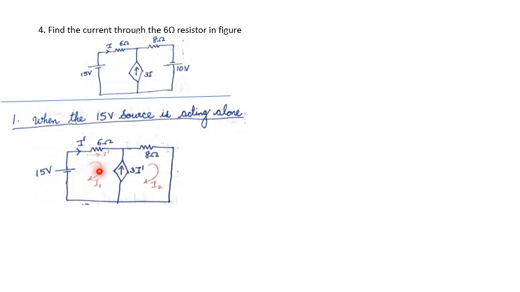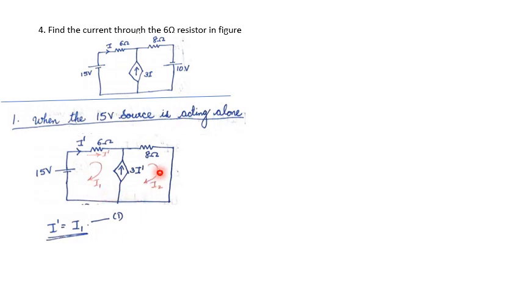For that, two mesh currents I1 and I2 are marked. Now from this diagram itself, we can write that I dash and I1 are equal. This is the first equation: I dash is equal to I1. Again, from this diagram, considering I1, I2 and 3 into I dash: I1 flows downwards, I2 flows upwards, and the resultant 3I dash flows upwards.